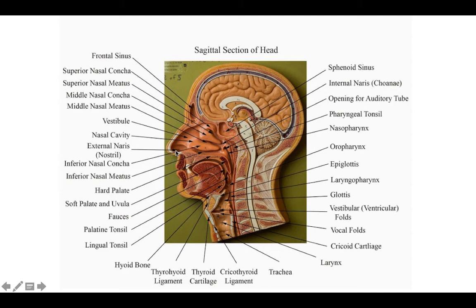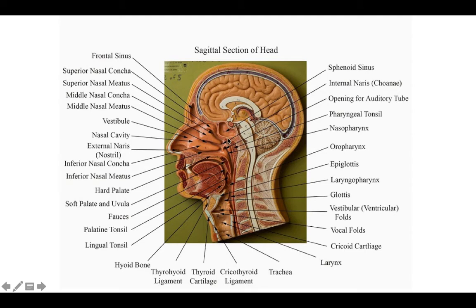So again, air is going to move from the external nares into the vestibule, and through the nasal meatus. Again, the meatus are those passages for the air to pass through. And then that air is going to pass into the pharynx through what we call the internal nares. If you look back here, you can see the openings as air passes through those meatus.